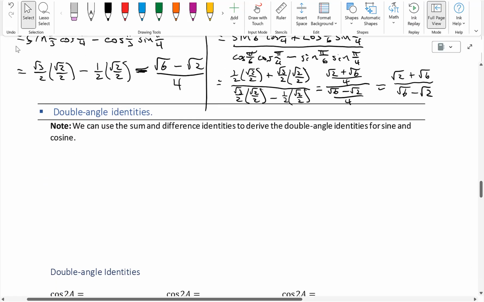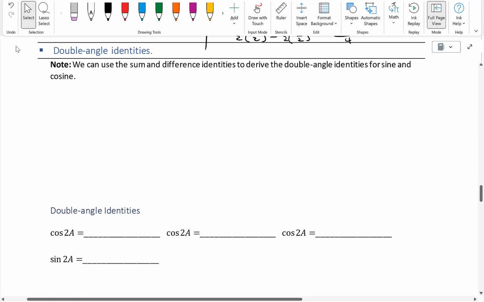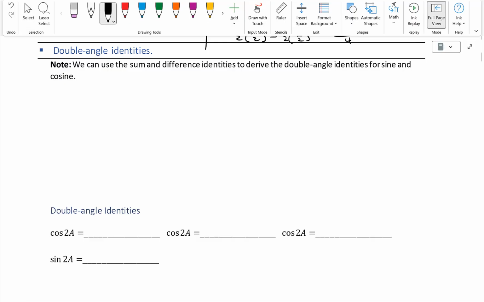For the double angle identities, we're going to use the sum and difference identities to derive the double angle identities for sine and cosine. We can start by thinking of cosine of 2a, our double angle, as cosine of a plus a. Just to differentiate, we can use a color here.